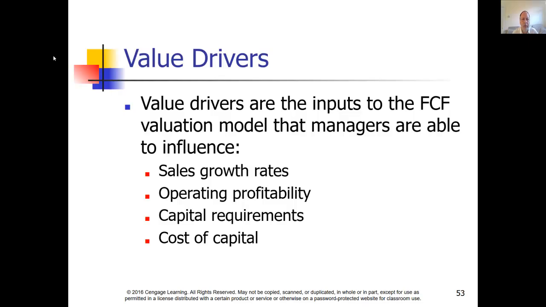How can the managers of a money-losing company possibly improve the situation? Well, we can look at the possible value drivers that they can change. The value drivers are the inputs to the free cash flow valuation model that managers are able to influence. Sales growth rates: they can promote and sell more of their product.